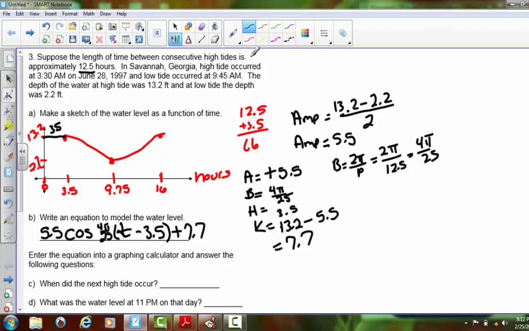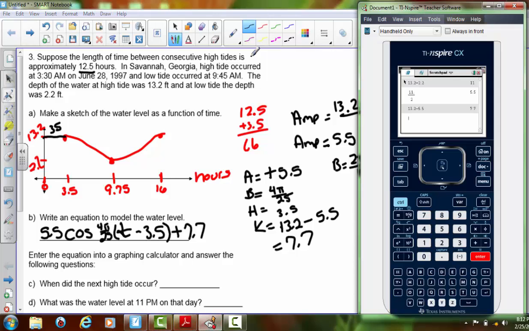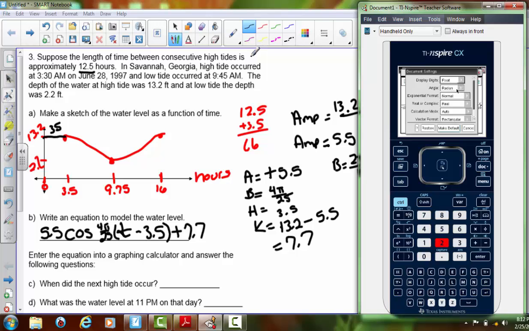We're going to put this into our graphing calculator in order to answer the questions. I'm going to go to the graphing section, and I'm going to check the settings, because this is radian measurement, and good, I'm in radian measurement, so I'm okay.